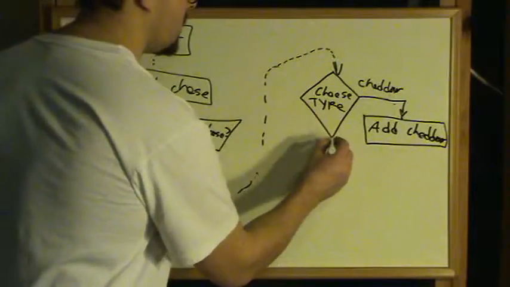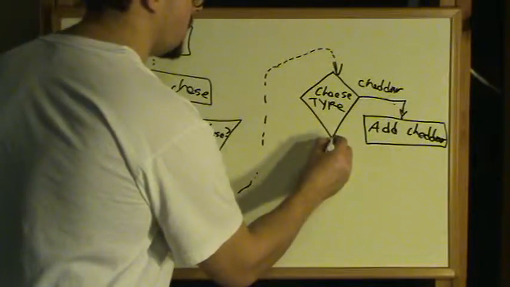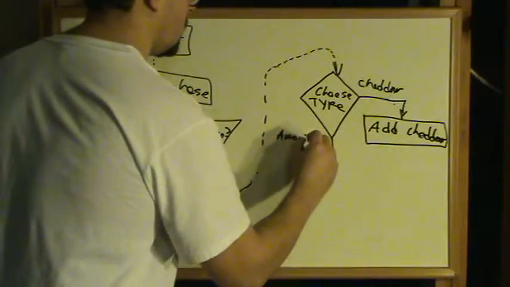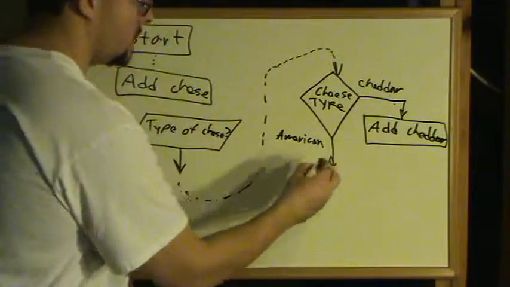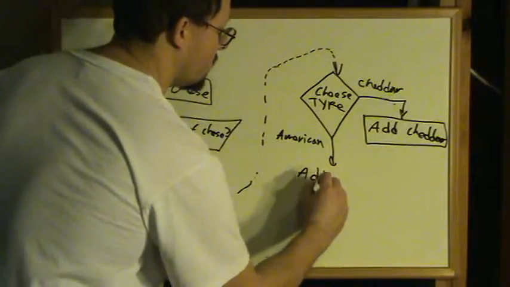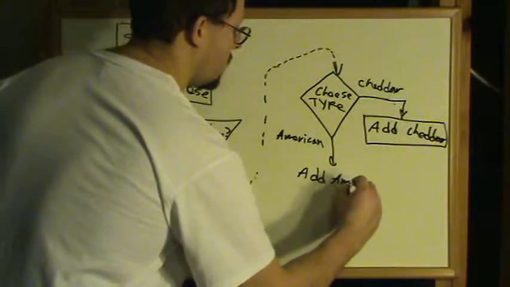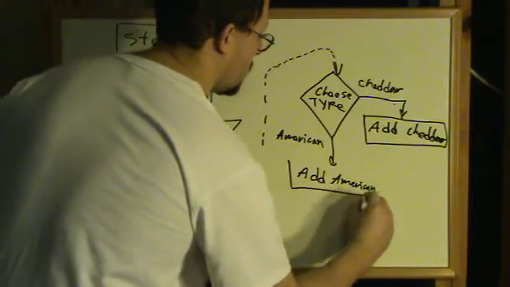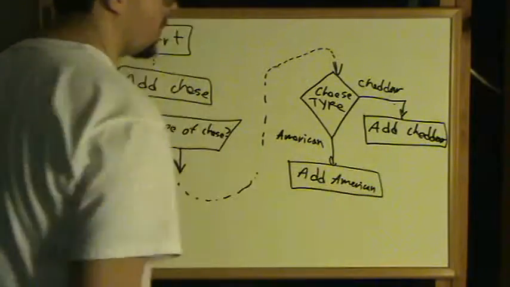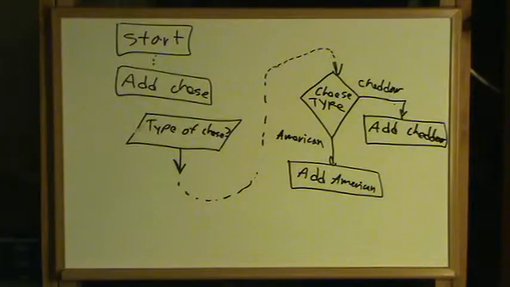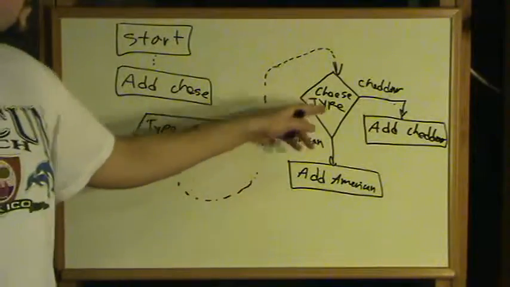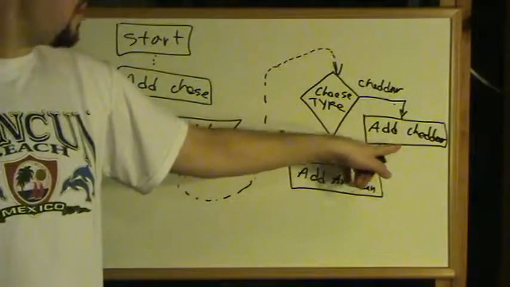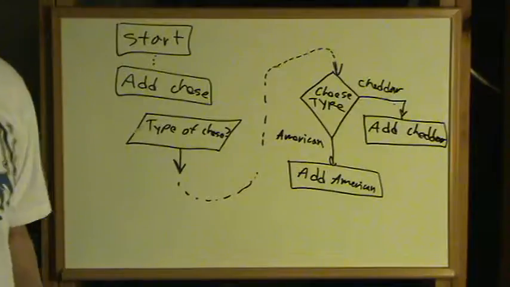What if they wanted American instead? Well, then we add American. Now I have two possible choices. So either we added cheddar or we add American. Great. Now we have two paths we need to follow. What are we going to do next?